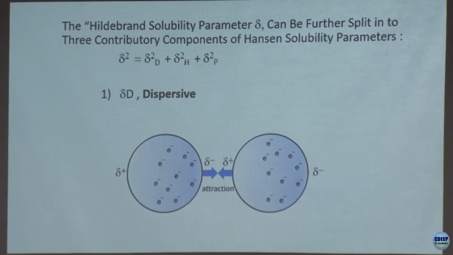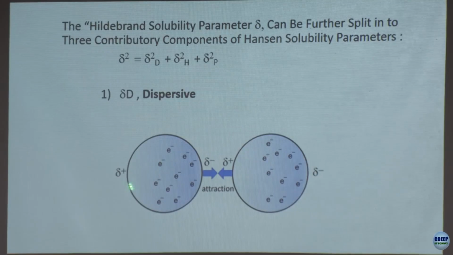Now there are several, but three are identified by Hansen as the most important. One is the dispersive contribution. Now what is dispersive contribution? You have two molecules, each one has its own electron cloud, and for some reason, because of thermal fluctuations, if the electron cloud undergoes a kind of fluctuation here.